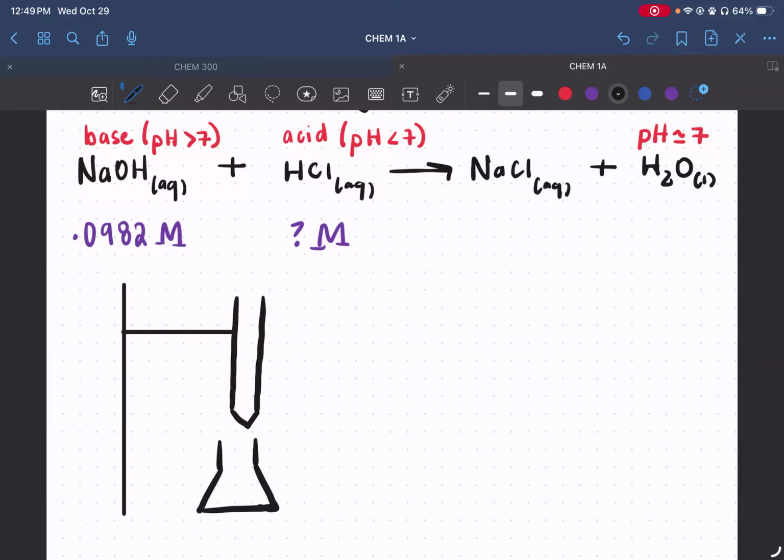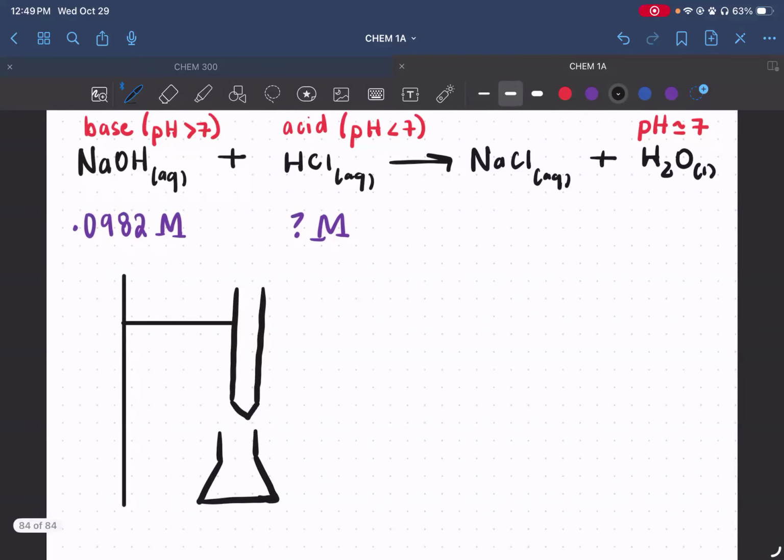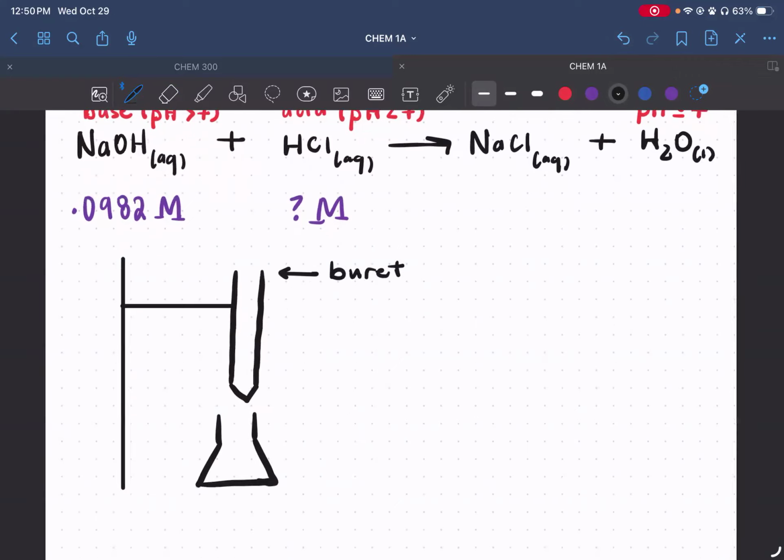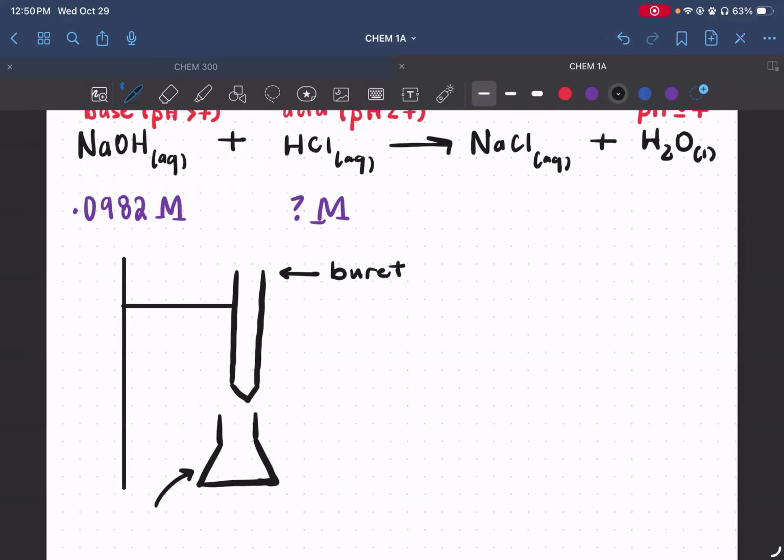Here we have a very, very simple illustration of the experimental setup. On top, this top glassware is known as a burette. And of course, we all should recognize that bottom one right there as a flask.